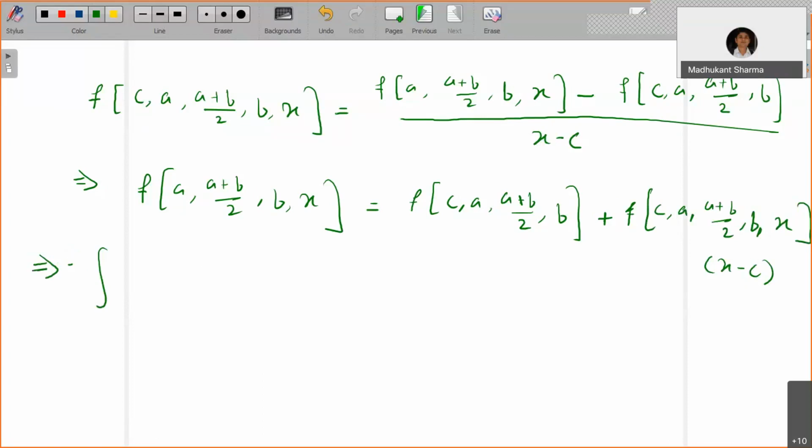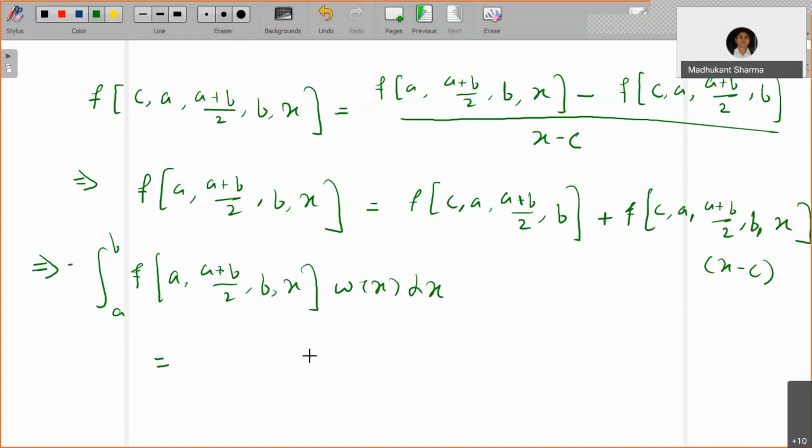So the error term, the integration from a to b of f of a comma (a plus b) by 2 comma b comma x times w of x dx, is equal to this. The first term comes out, because it is a constant, and you know that the integration from a to b of w of x dx is 0, so this term will not contribute anything.